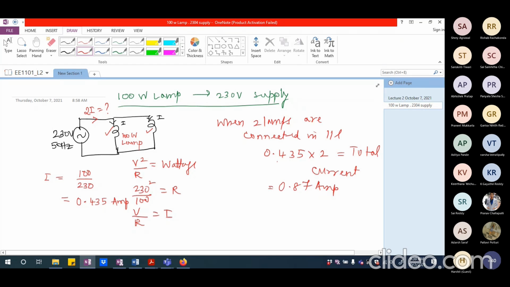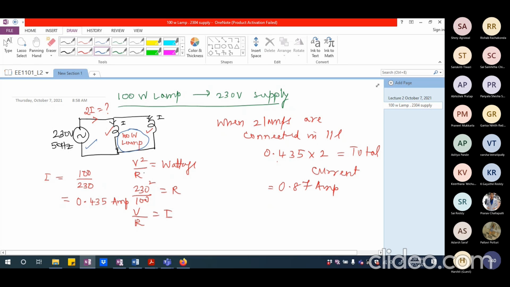Now, if I look at, yeah? Can you explain the part again when two lamps are connected? I didn't get that. Yeah, if I have a 100 watt lamp connected right across the 230 volt supply, how much is the current drawn by the 100 watt lamp?